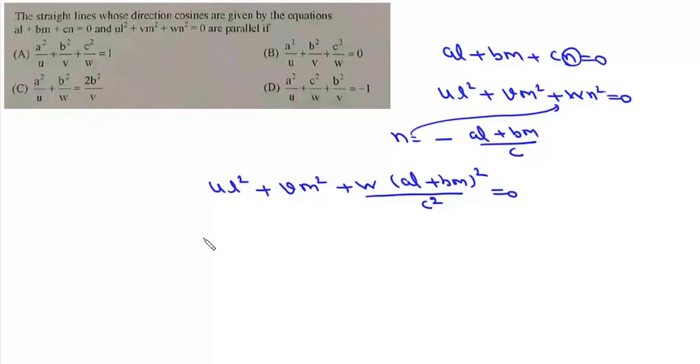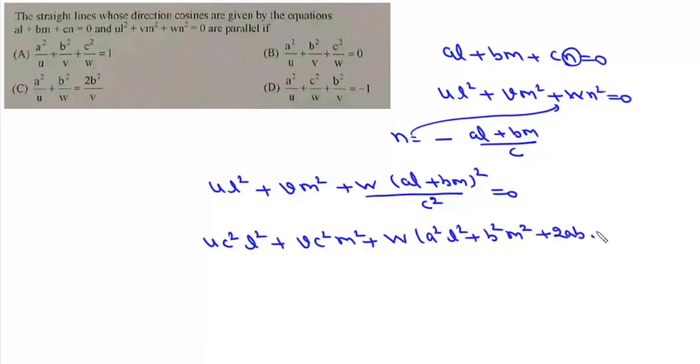Now we can write this as UC square L square plus VC square M square, and plus W times A square L square plus B square M square, and then plus 2ABLM equals 0.